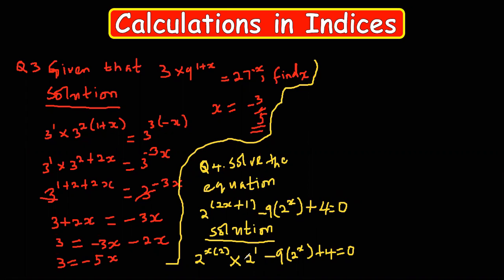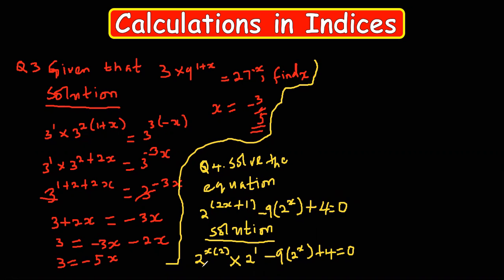So now that we have expressed this as this, we are going to pick a particular letter. We have been dealing with x, so now we are going to pick y.